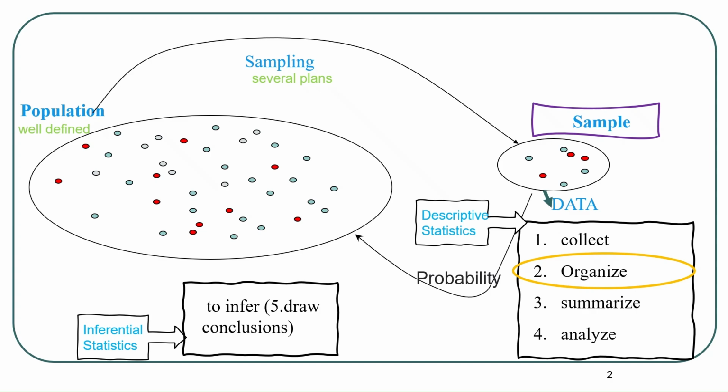You remember we said the statistical science is composed of 5 steps: collect, organize, summarize, analyze data, and also draw conclusion. Today's lecture is focusing on organizing data.